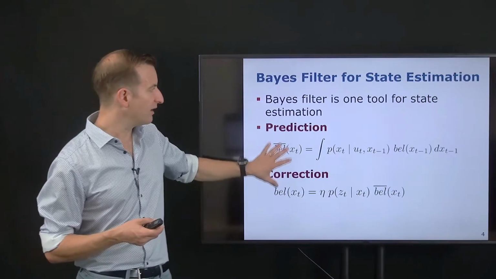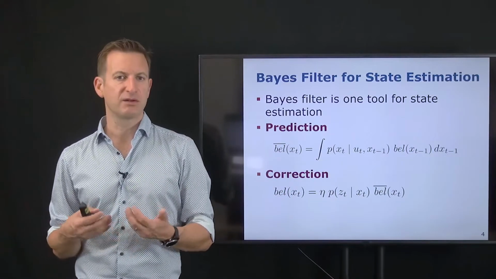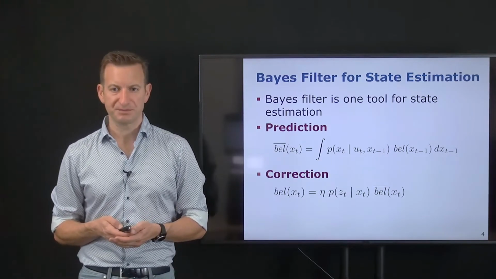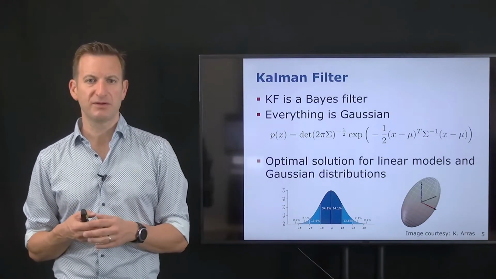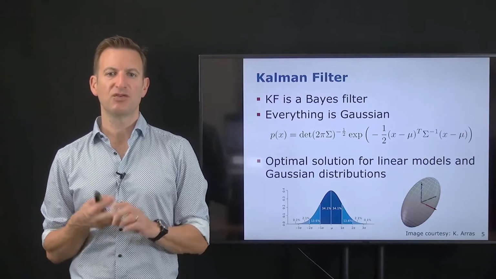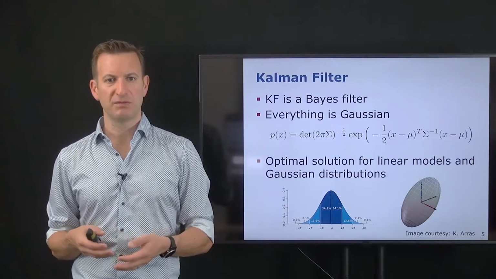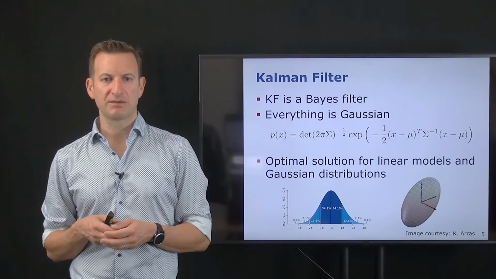And that's the general framework of the recursive Bayes filter, and the Kalman filter follows exactly those steps. The Kalman filter, as I said, is a realization of the Bayes filter. It assumes that everything is Gaussian and that we only have linear models. And in this case, it is the optimal estimator. Optimal means here statistically optimal, so you can't do better than the Kalman filter.